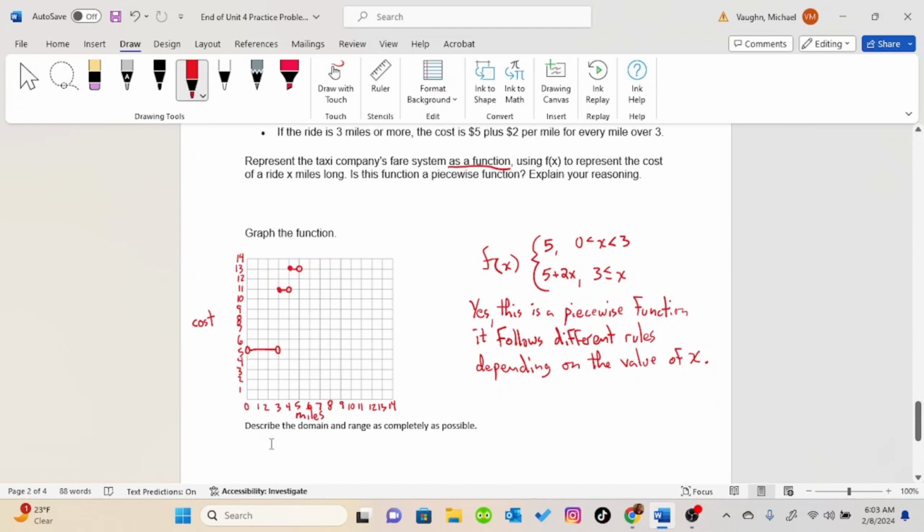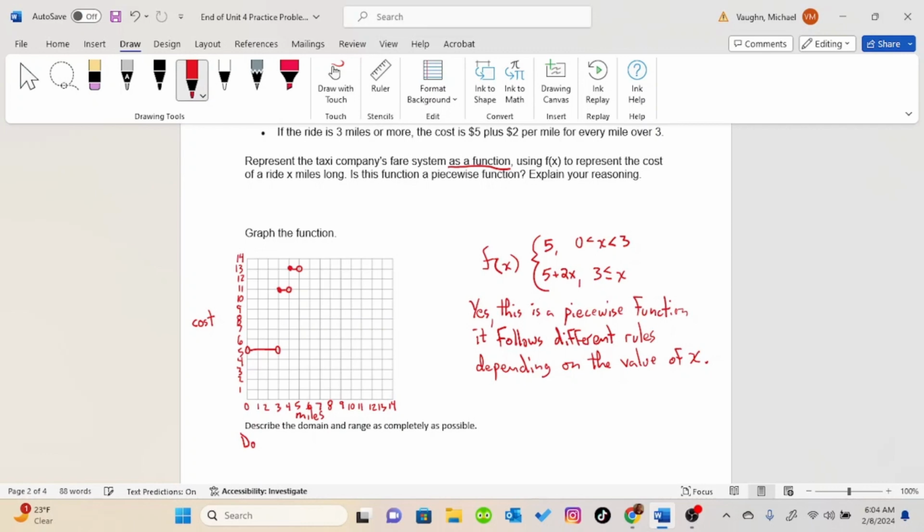Now they want us to describe the domain and range as completely as possible. So the wording is a little bit tricky because this says if it's less than 3 miles, and then if it's 3 miles or more, the charge is per mile. But generally, you can have partial miles.